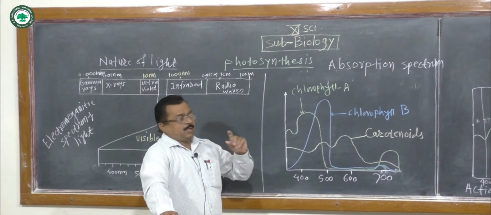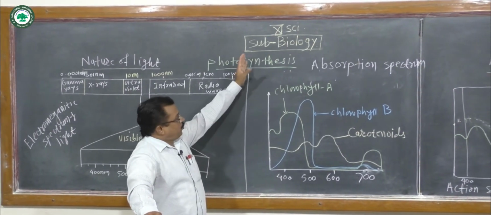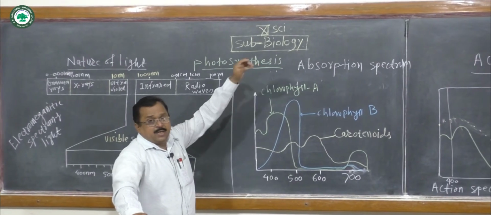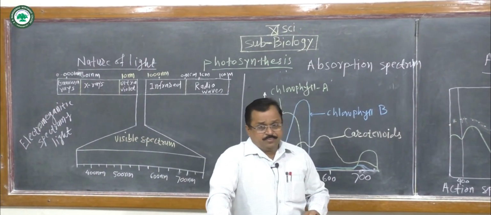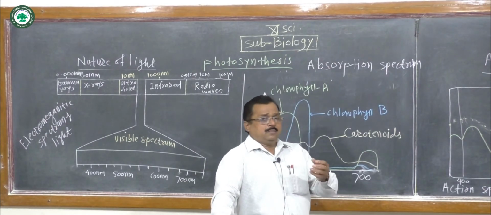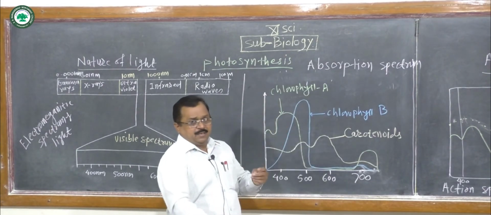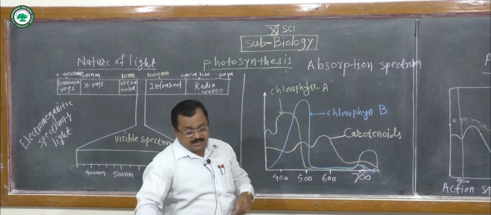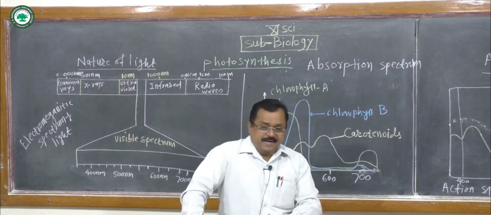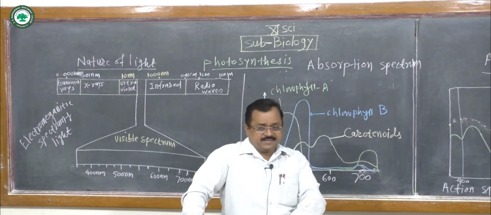You know that in the plant there are different types of pigments: chlorophyll A, chlorophyll B, xanthophyll, carotene. Here the reaction center is chlorophyll A, and the other pigments are called accessory pigments, supporting pigments.